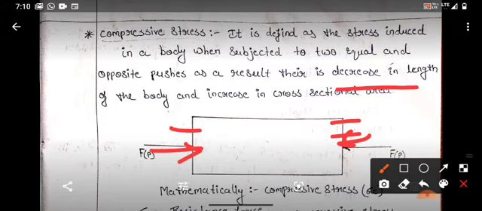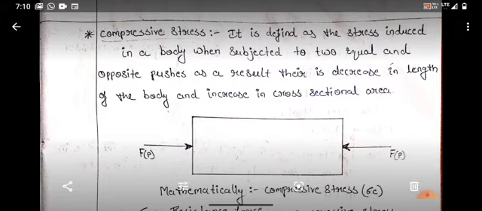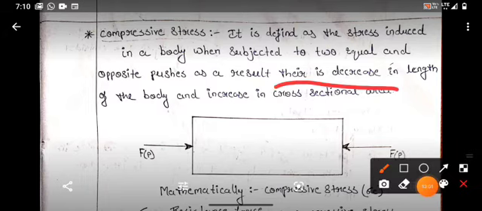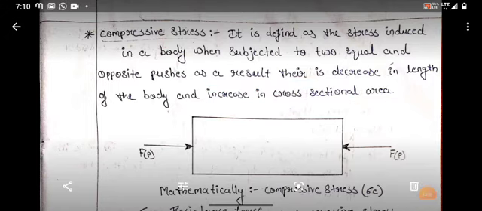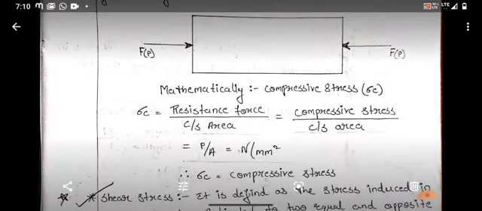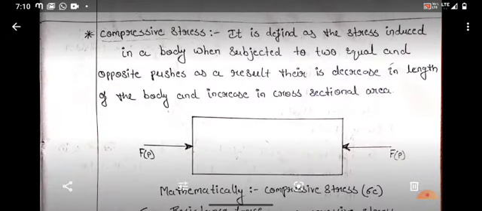Because of that, length will decrease and cross sectional area will increase. So what is the definition of compressive stress? It is defined as the stress induced in a body when subjected to two equal and opposite pushes. As a result, there is a decrease in length of the body and an increase in cross sectional area.